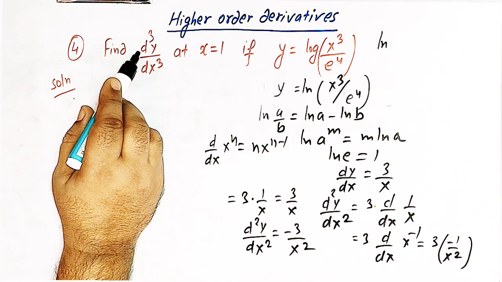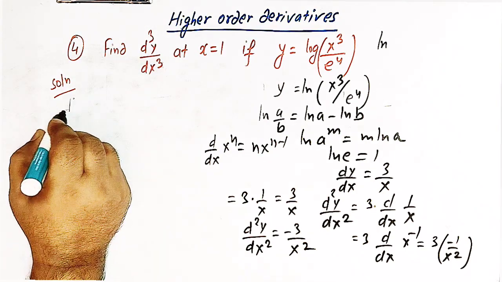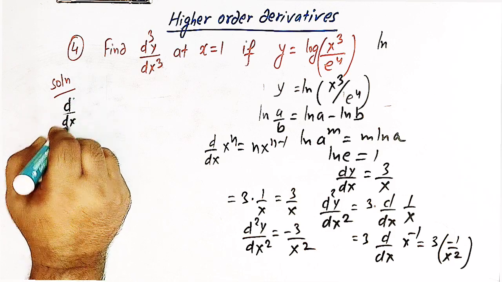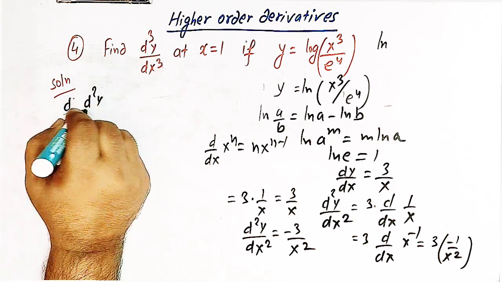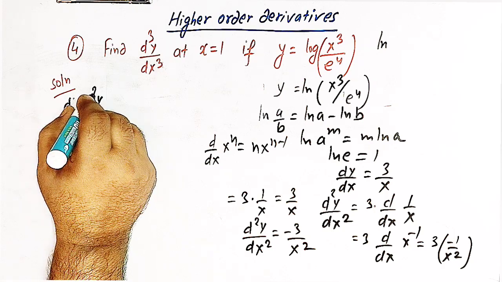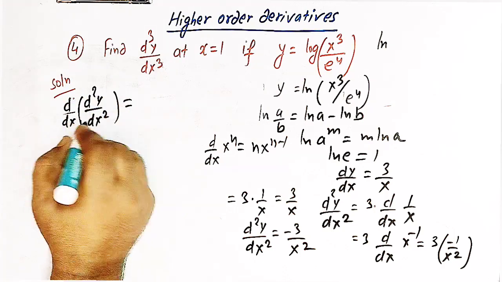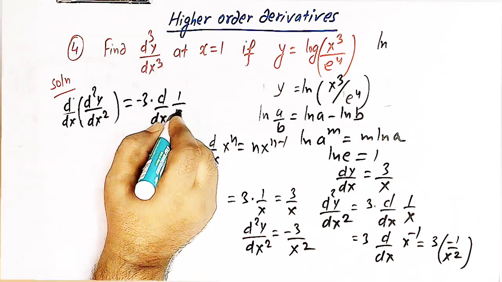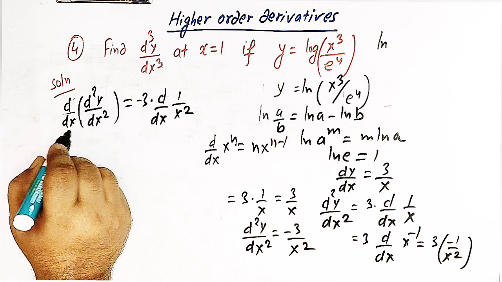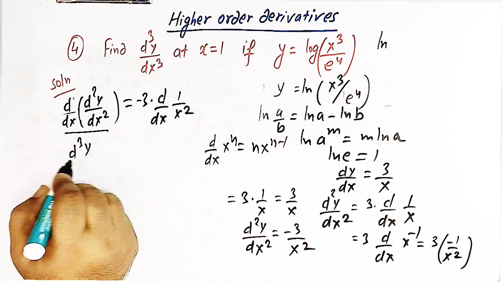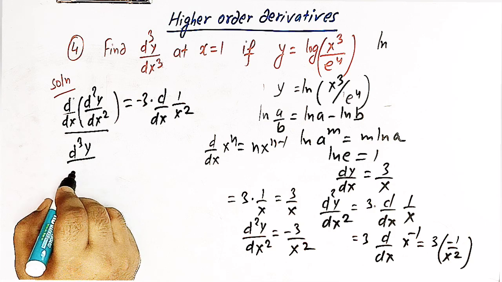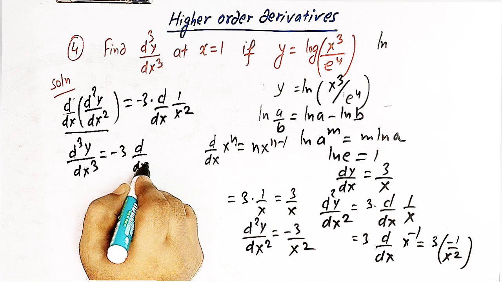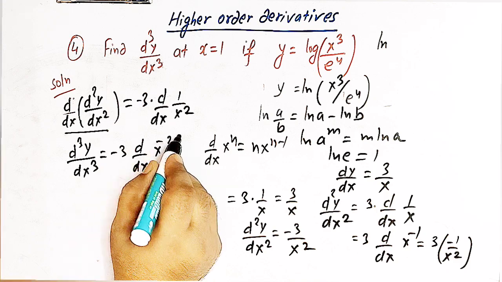Now to get the third derivative, we can differentiate both sides with respect to x. So we have d by dx of d2y over dx2, and here we have minus 3 times the derivative of 1 over x square. So this is the notation for the third derivative, d3y over dx3, and here we have d by dx of x raised to minus 2.